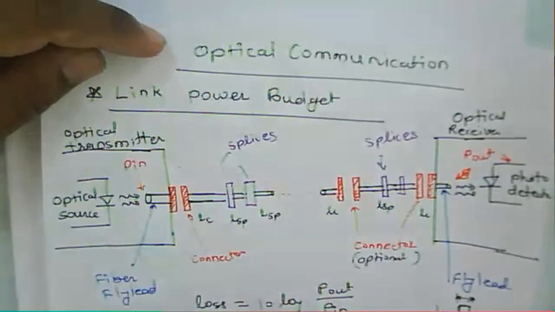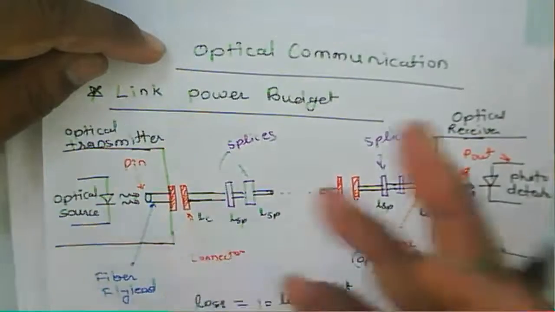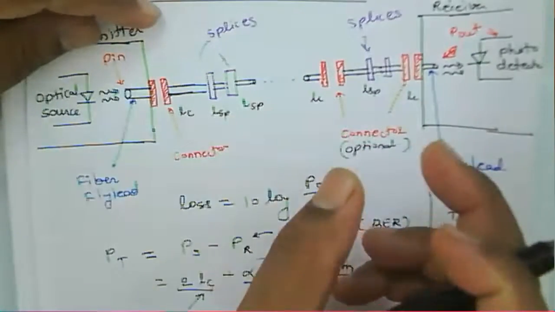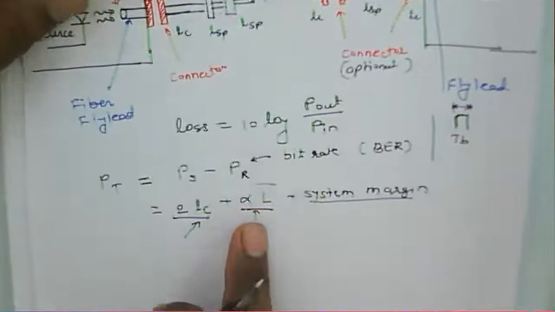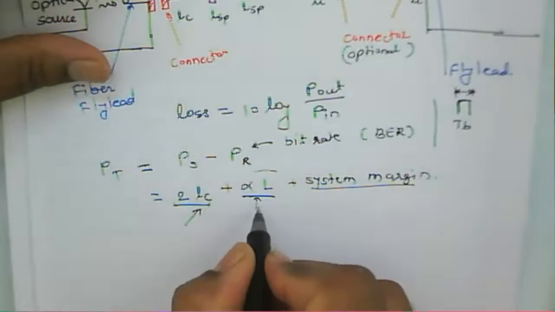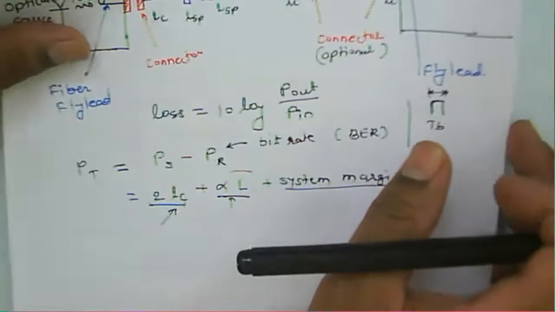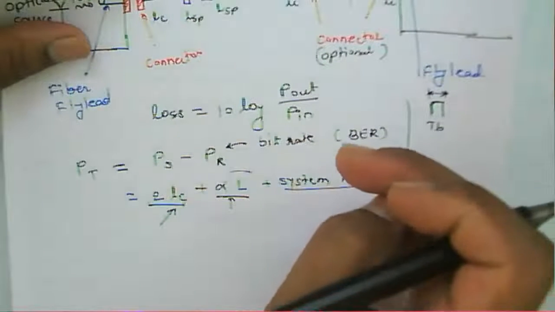If the length increases, then other parameters increase again. What are those other parameters? Attenuation depends upon the length of the fiber. The signal distortion, dispersion and other factors are there, and they depend upon the length of the fiber.